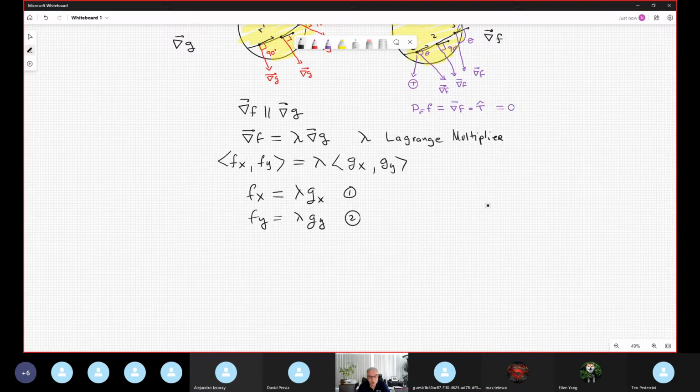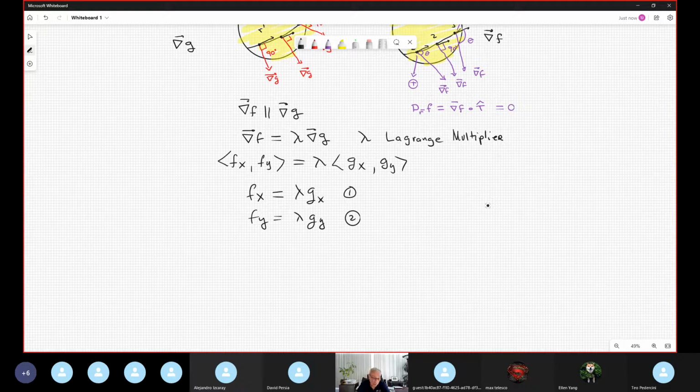Cool. However, professor, suppose that when I set up this system I have only 2 equations. Yes, I have 3 unknowns because the partial derivatives of f and g depend on x and y. So I have x, y, and lambda.